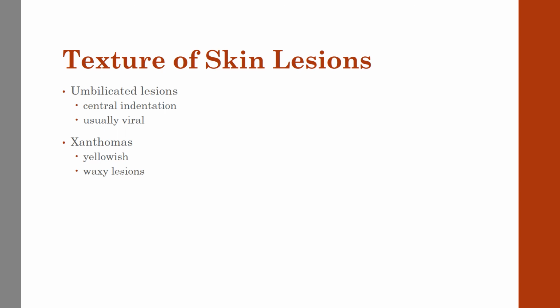Xanthomas are yellowish, waxy lesions. It can really be a good sign for what? Extra cholesterol. You can't say how much cholesterol the patient has, but most likely they have some kind of cholesterol disorder, so it's good to check, and I'll show you in a minute.